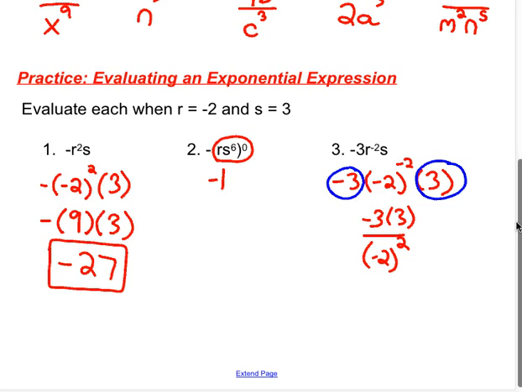So be very careful. You're only moving things that are directly connected to that negative exponent. Now let's evaluate this. On top, -3 times 3 will give us a -9. On the bottom, -2 times -2 will give us a +4. And there is our answer.